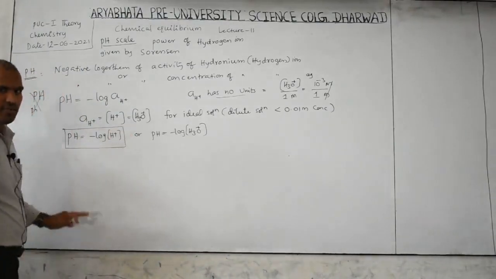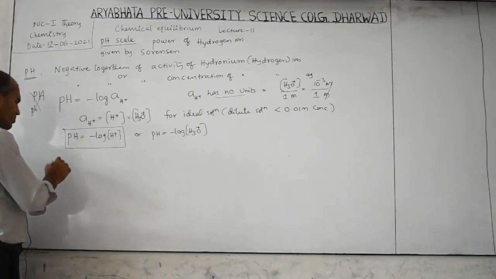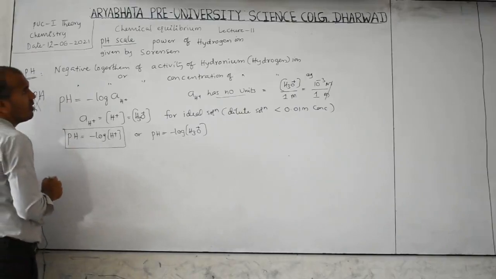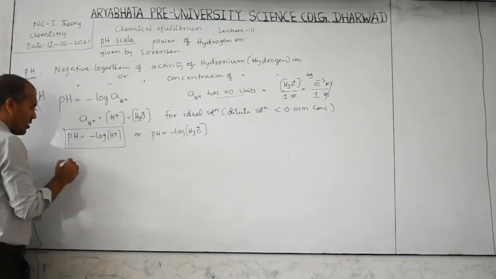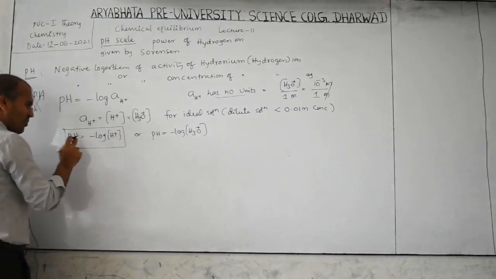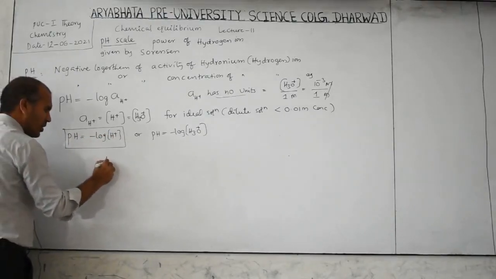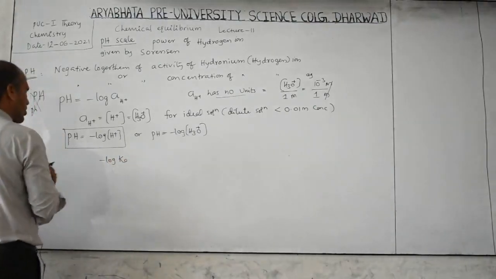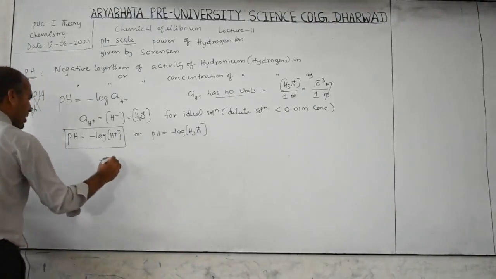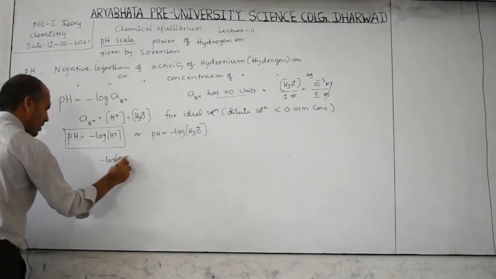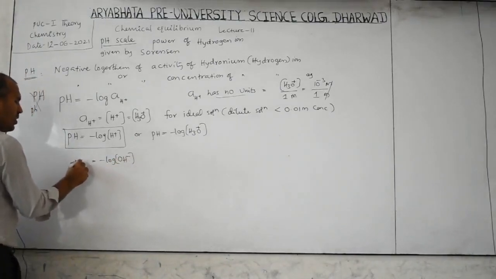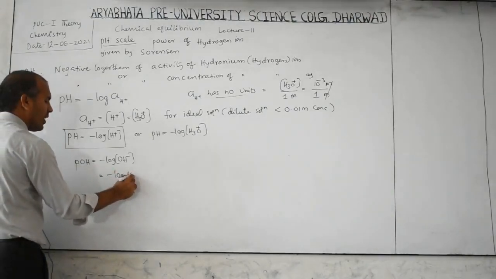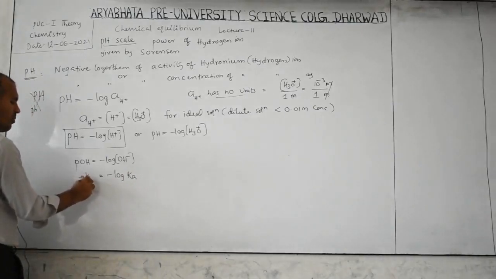Next, the other terms. Now the power of hydrogen is there, so if H plus is there, we write pH. First I will discuss OH also. If the OH minus ion is there, then it should be pOH. If the negative logarithm of Ka is there, then it should be pKa.